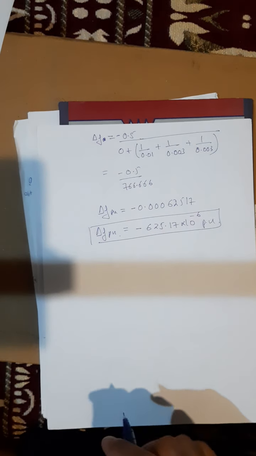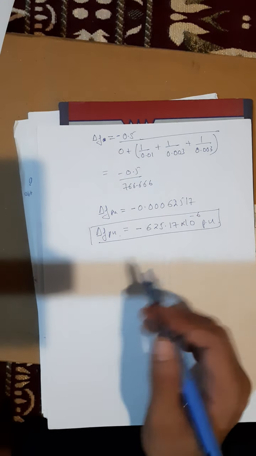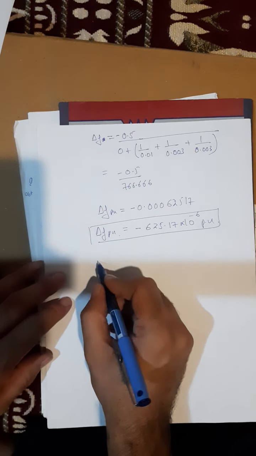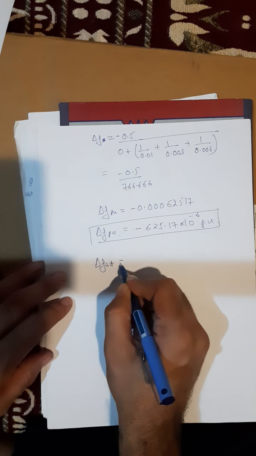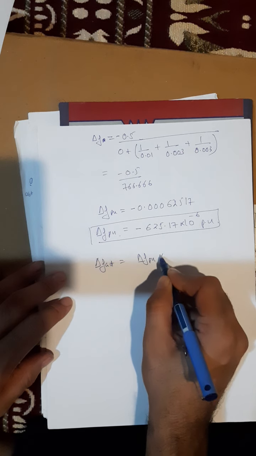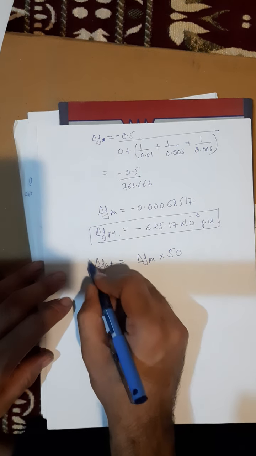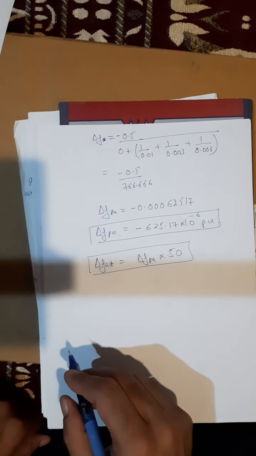So if you want to convert this per unit value into actual value, del F actual will be equal to del F per unit multiplied by the base value of the frequency, which is 50.